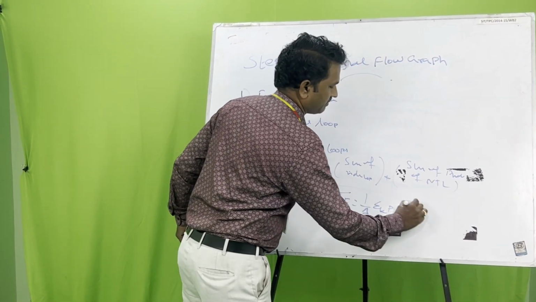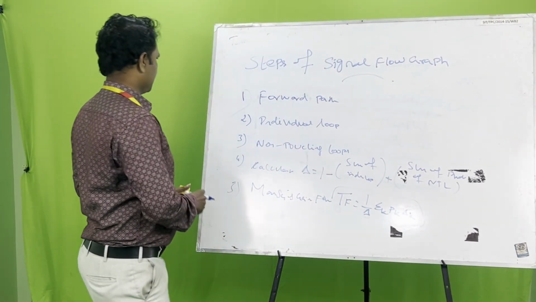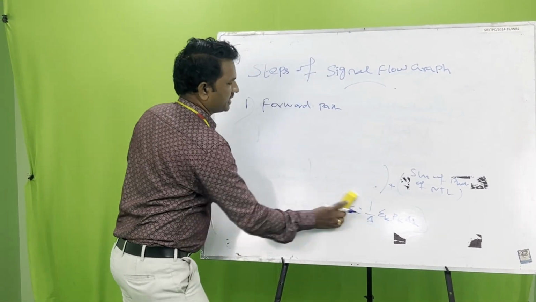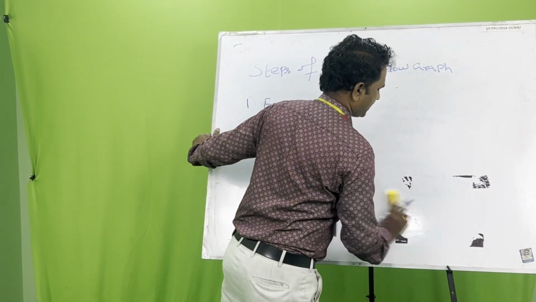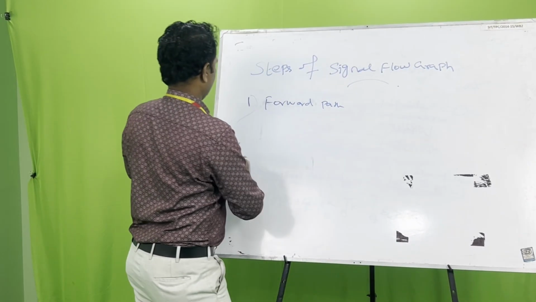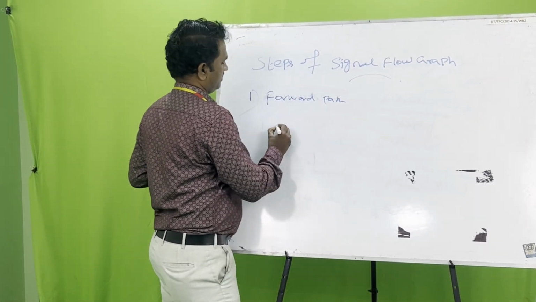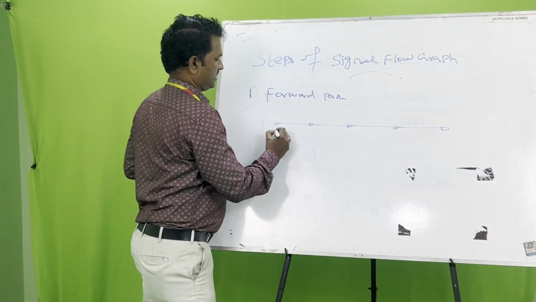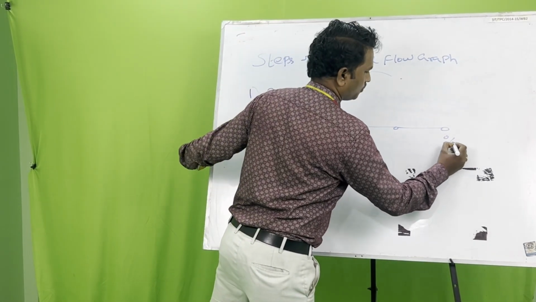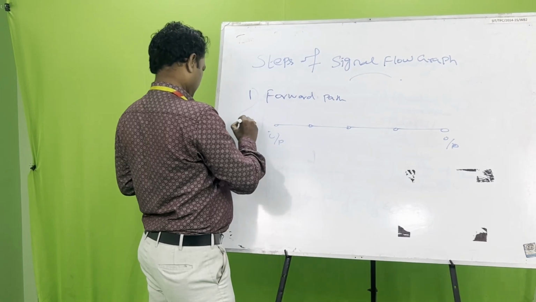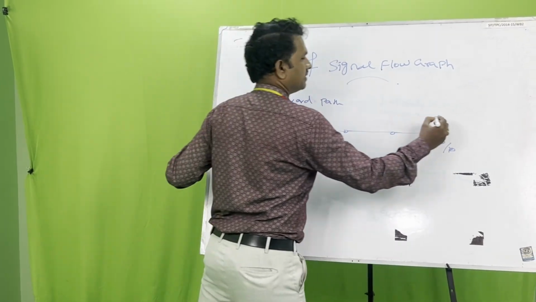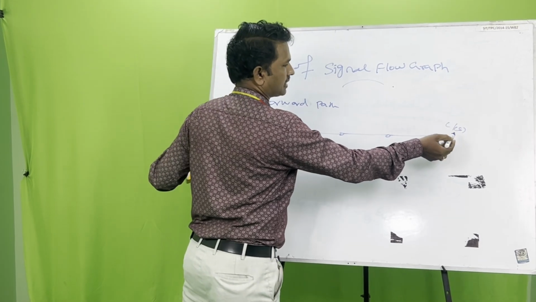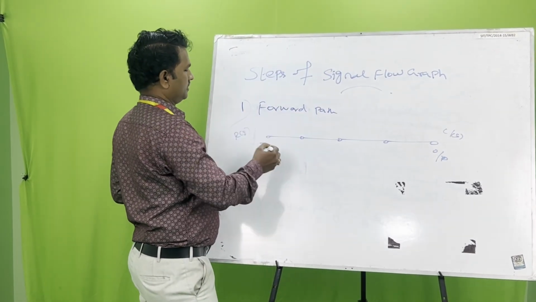Therefore, the transfer function T is equal to 1 by delta, sigma k, Pk delta k. I will explain each of these points. First, forward path. A forward path is nothing but a straight line from the input to the output. R(s) is the input, C(s) is the output, so C(s) divided by R(s) is the transfer function, output divided by input.